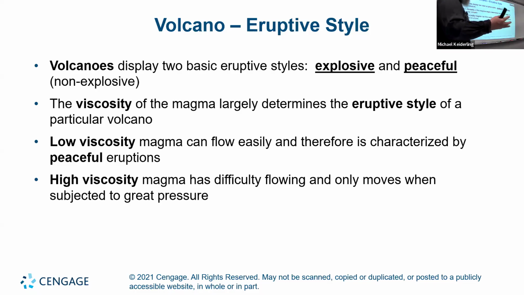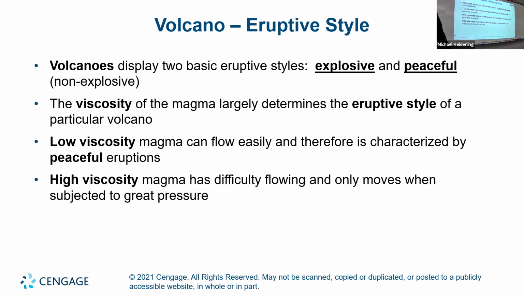So a peaceful, constantly erupting volcano would be Kilauea, which has been erupting, well, on and off, but almost continuously. I think there was a break of maybe a year in there since 1983. So as long as I've been alive, it's basically been erupting. It did stop a couple of times, but then it started up again shortly afterwards, and it just spews out lava.